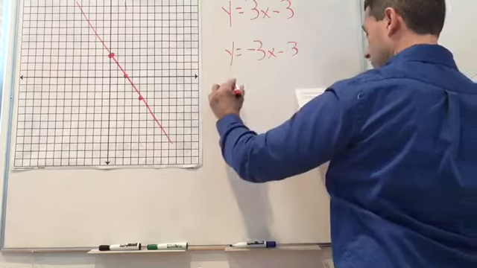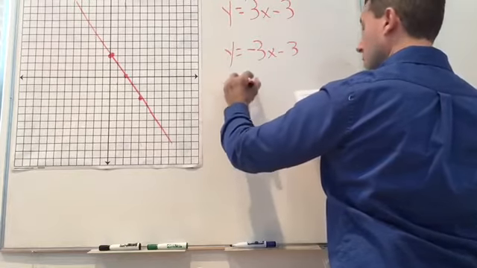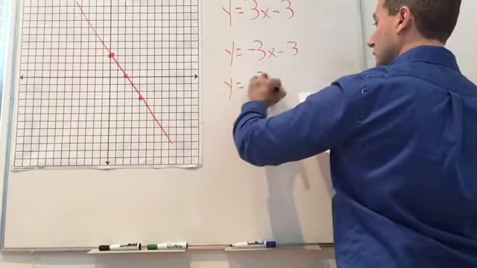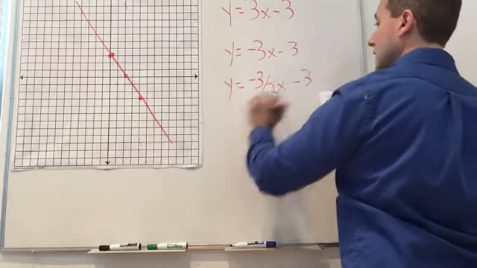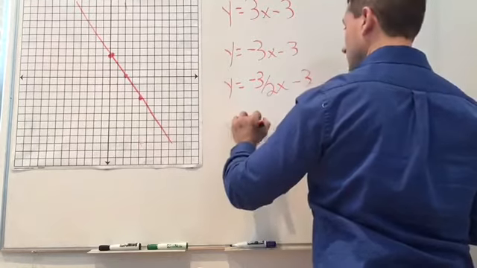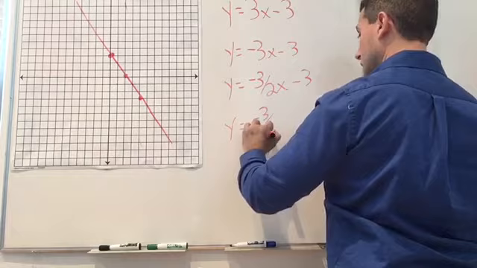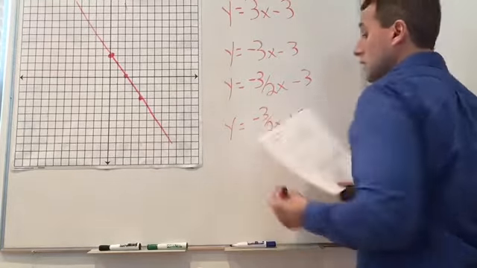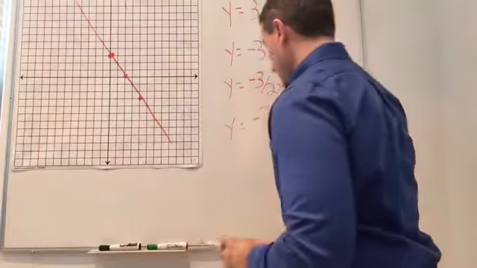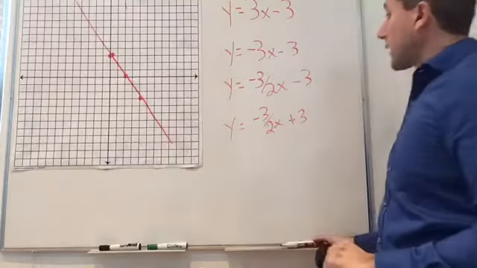You see how similar those are? They're trying to slip you up. So slow down and pay attention. 3 over 2x minus 3, and y equals negative 3 over 2x plus 3. So what you notice is a lot of these are pretty much almost the same, besides small negatives, right?